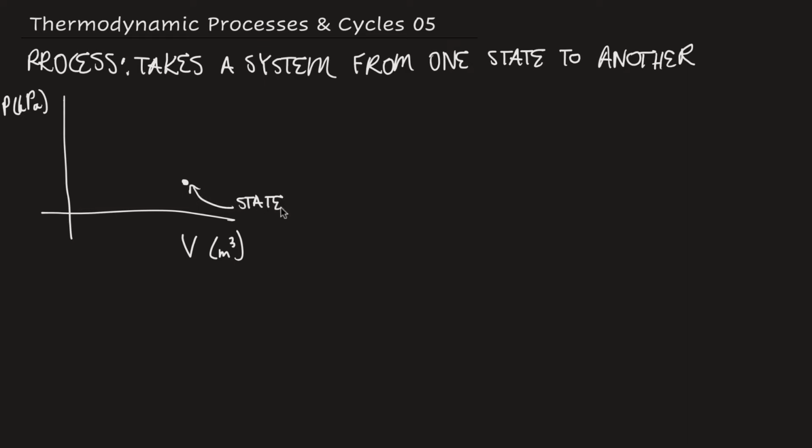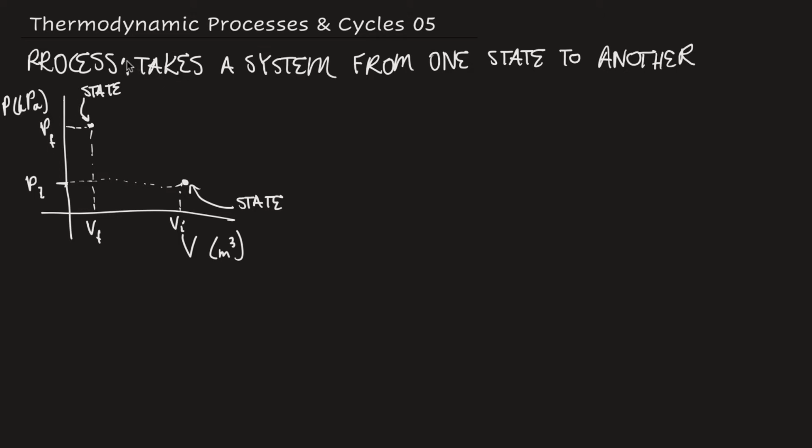So this specific state has a volume, and we'll call this the initial state. This state has this initial volume, and it has this initial pressure. If we have some other state, so this is also a state, we'll pretend this is our final state, so this will have a final volume and a final pressure.